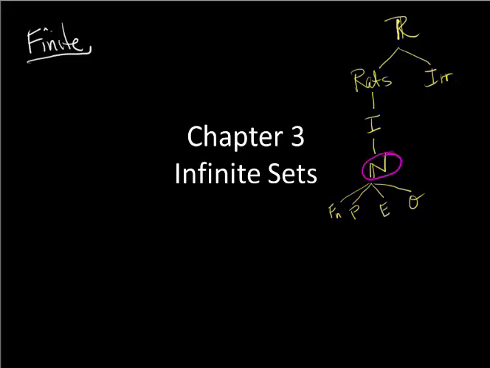So they're both size 5, and they are the same size. So it's easy to compare finite sets. You can just count the elements in one, count the elements in the other, and see if they're the same size. But we can't count in infinite sets. We'd never get done, would we? So we have to figure another way of comparing the sizes of sets without counting.